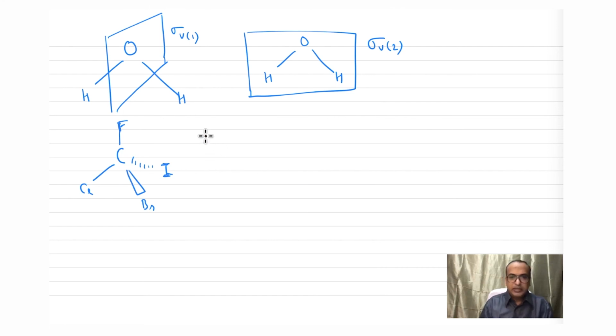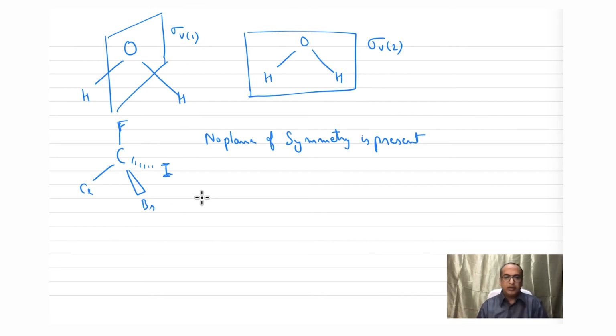So in this case there would not be any plane of symmetry. So no plane of symmetry is present. Okay.